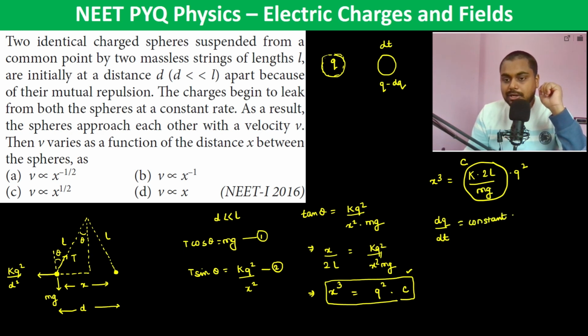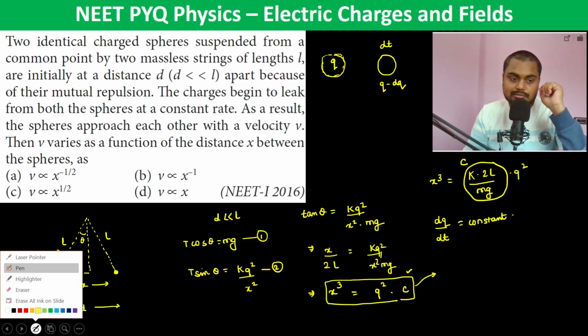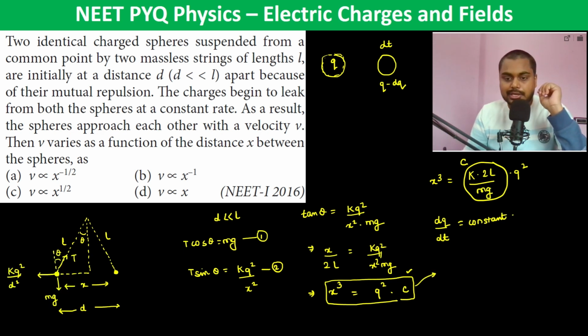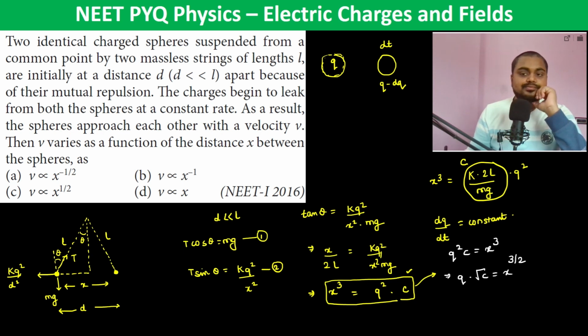अच्छा, तो जब dQ by dt constant है तो इसमें अब हम लोग को थोड़ा सा दिमाग लगाना पड़ेगा. क्या है भैया, तो Q² C was equal to x³. So therefore I can write Q into root C is equal to x to the power 3/2. Now differentiate on both the sides.